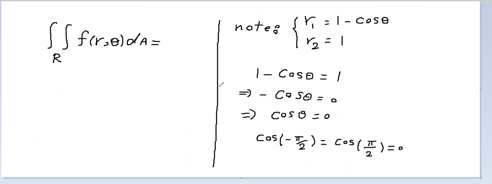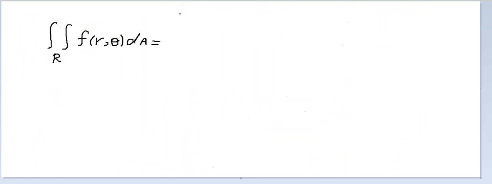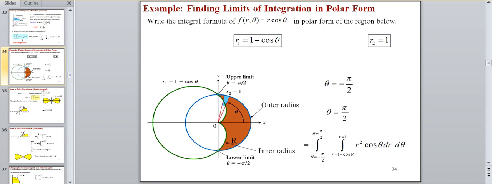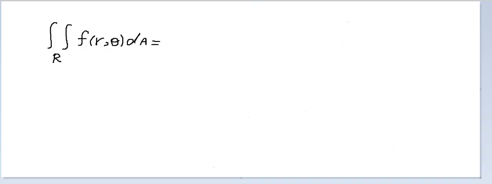Here, let me erase this. Okay, so let's continue. You can see the answer is given, but I'm going to repeat. There is no harm. So this equals, okay, you can see here, this is for theta, this is for r.